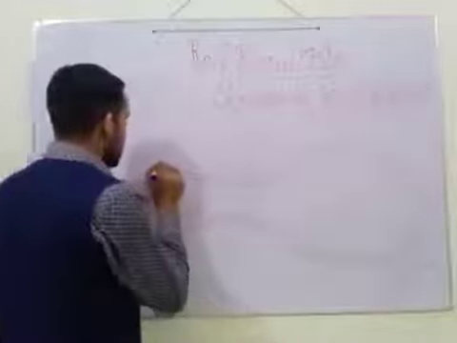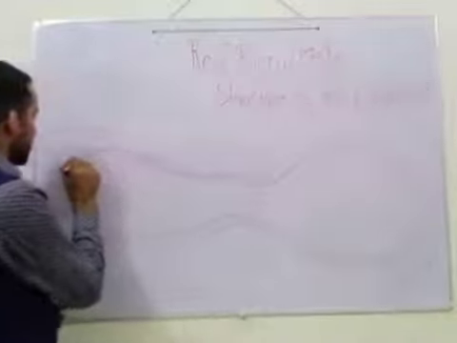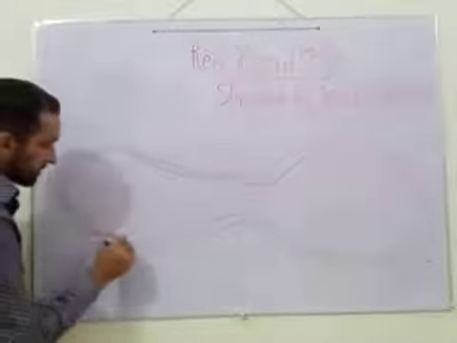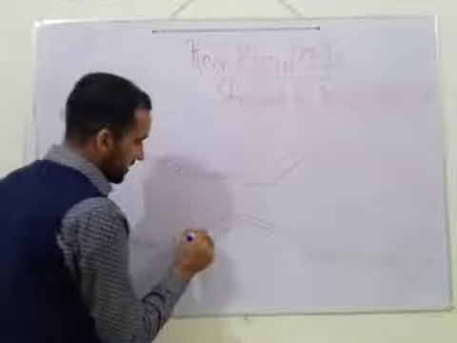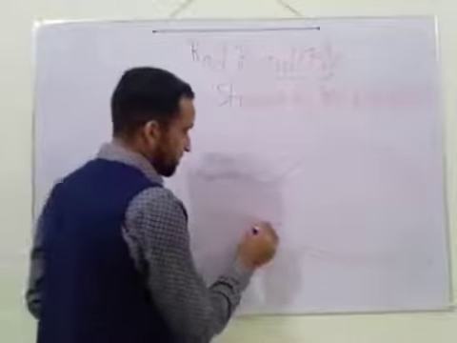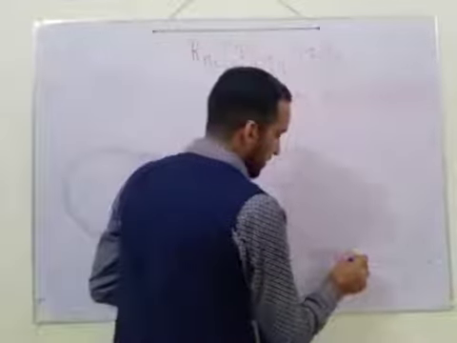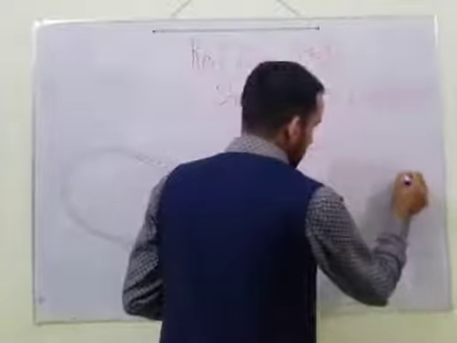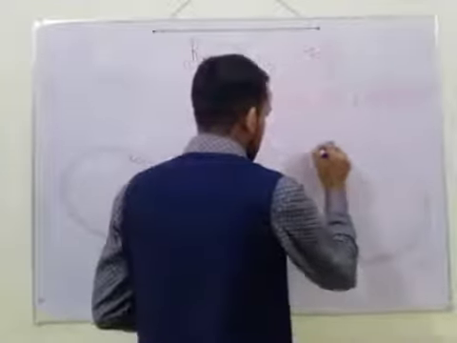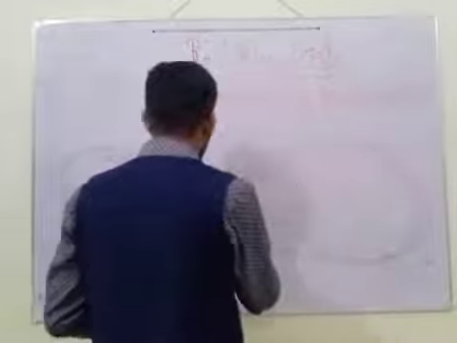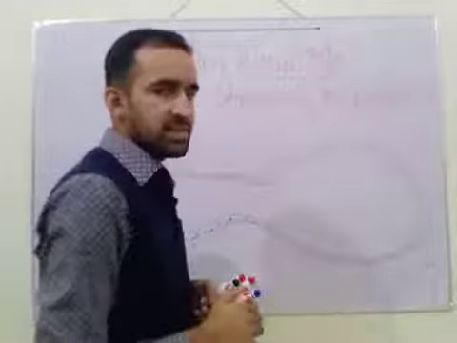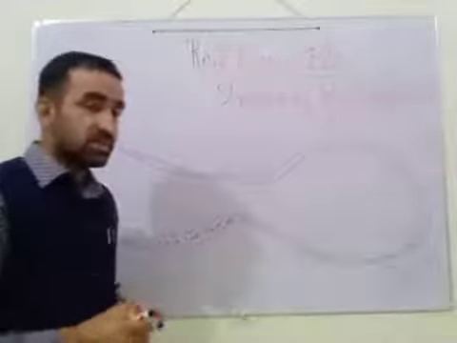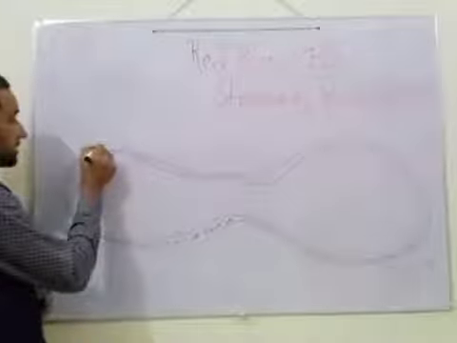So we can easily define that red blood cell is covered by a plasma membrane which is made of phospholipid and glycoprotein. On the outer surface of the cell membrane of the red blood cell, there is specialized oligosaccharide present which determines the ABO blood grouping system.